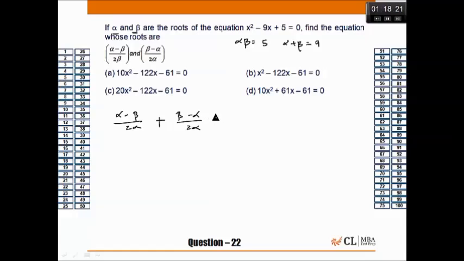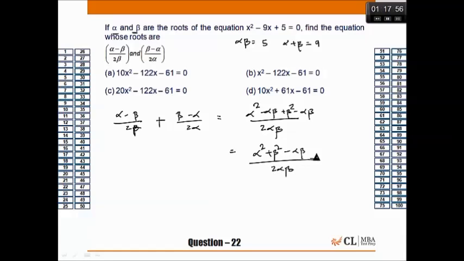So let's check the sum first. Alpha plus beta, sum of the roots. If you take 2 alpha beta common, this will be alpha square minus alpha beta plus beta square minus alpha beta, divided by 2 alpha beta.